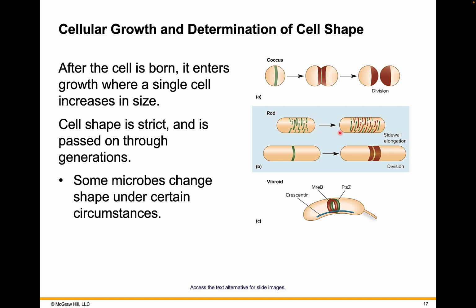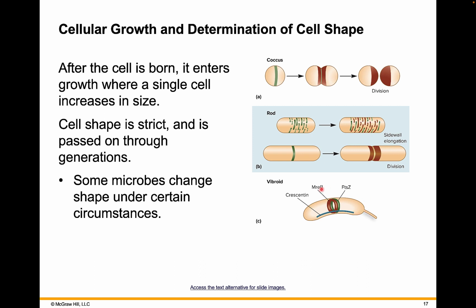In a rod or bacillus, if you do not have MreB, they will synthesize the new cell wall and plasma membrane in just one plane. But when MreB is present, synthesis is in multiple areas.